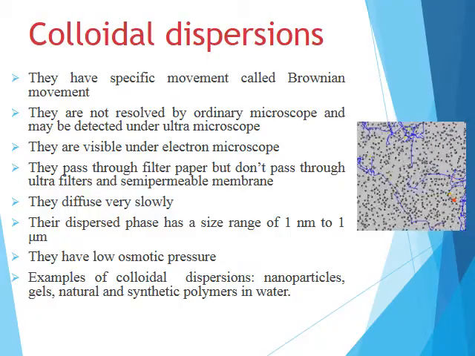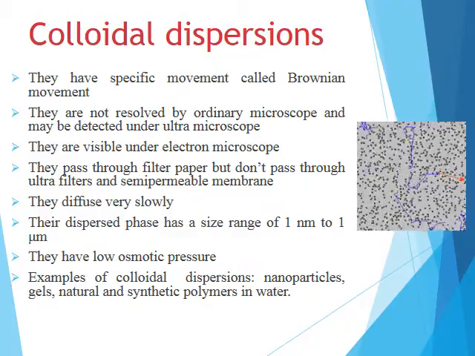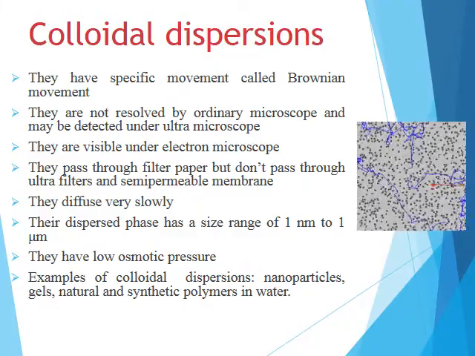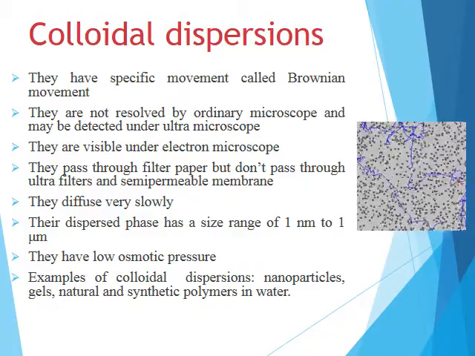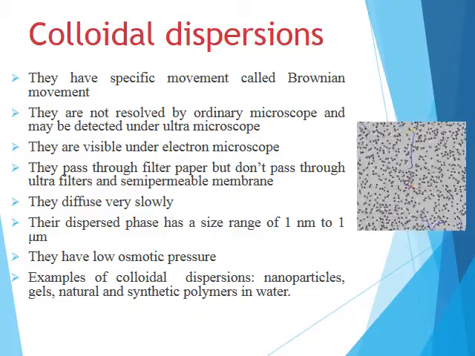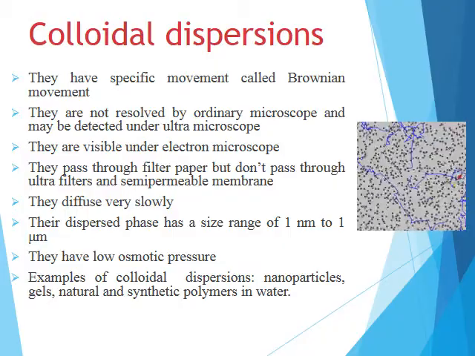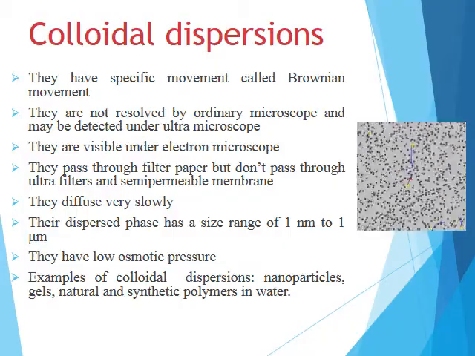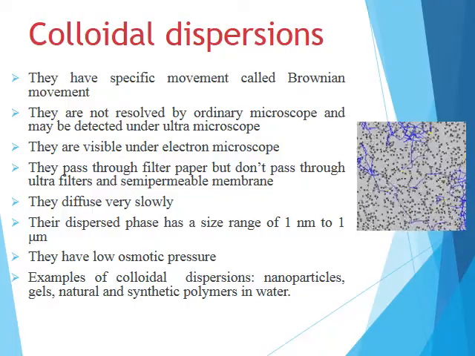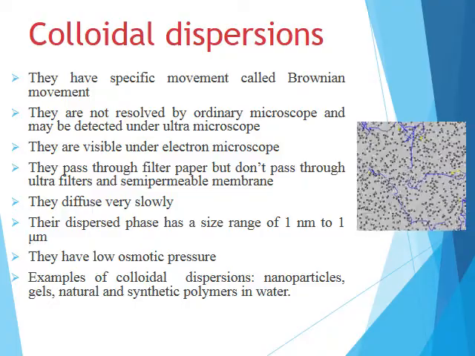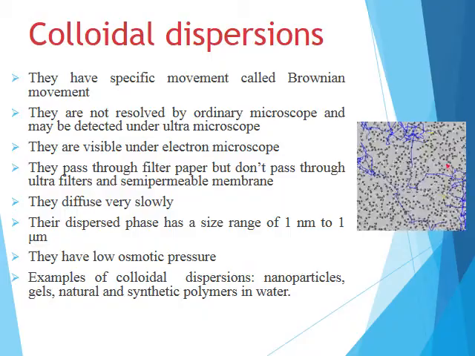The first one is that colloidal dispersions in general have a specific movement, called the Brownian movement. They can't be resolved by an ordinary microscope. They can only be seen using the ultramicroscope or the scanning electron microscope, sometimes using the TEM, transmission electron microscope.